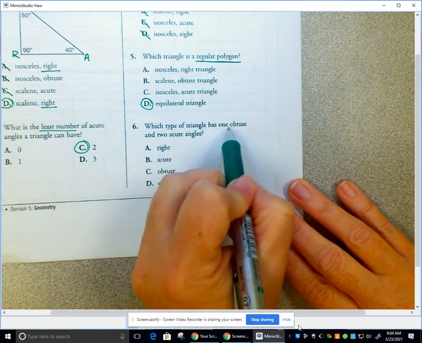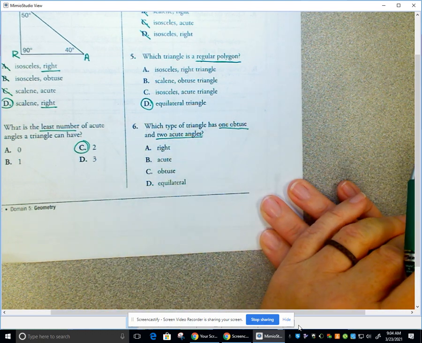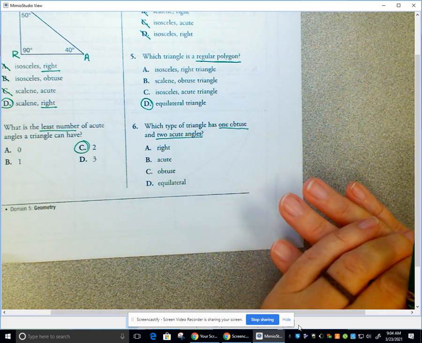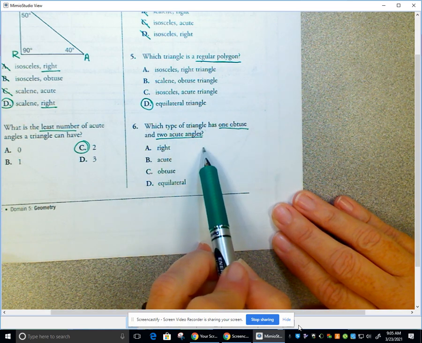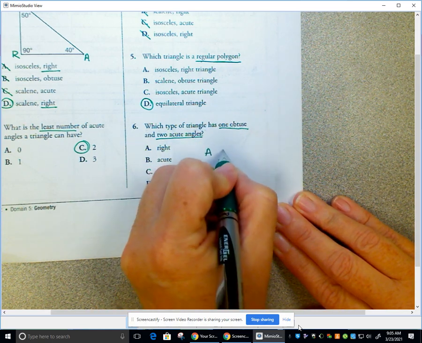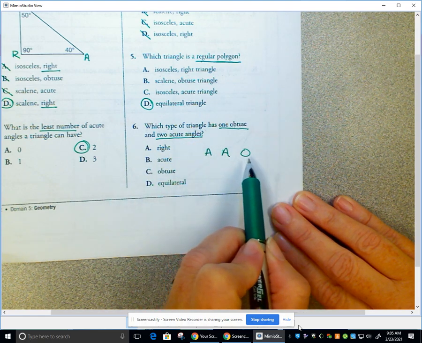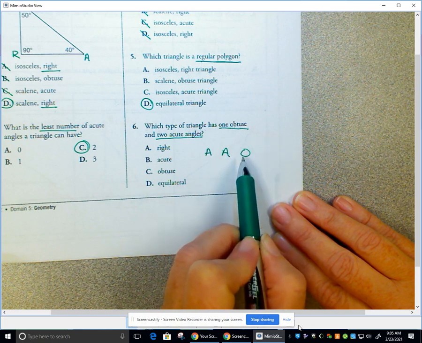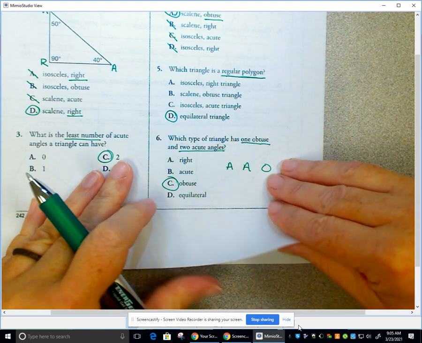Which type of triangle has 1 obtuse and 2 acute angles? Remember, it can only have 3 angles. When you name them, you got acute, acute, and 1 obtuse. Remember, whatever the odd angle is that's not acute, that's the name of it. So that is obtuse.